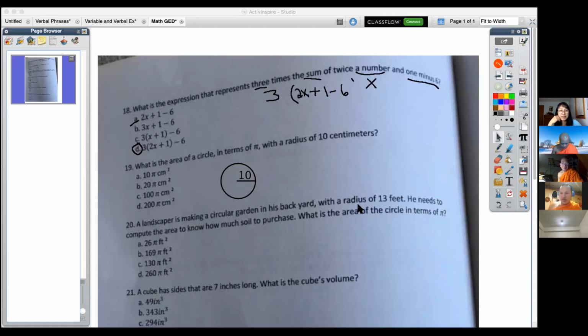Okay. Hello. Number 19. Did you have an answer for 19? A. It's not A. What is the... Oh, the area, right? The area.